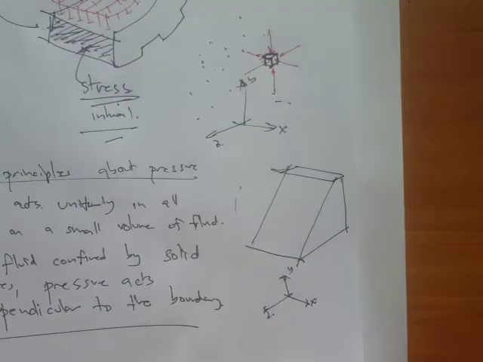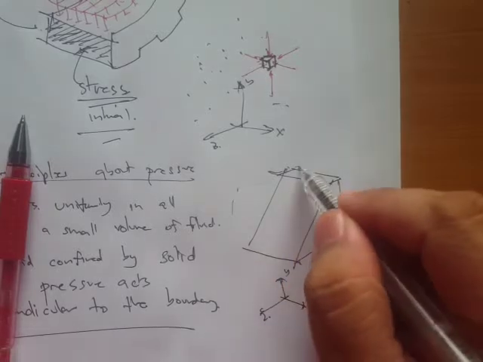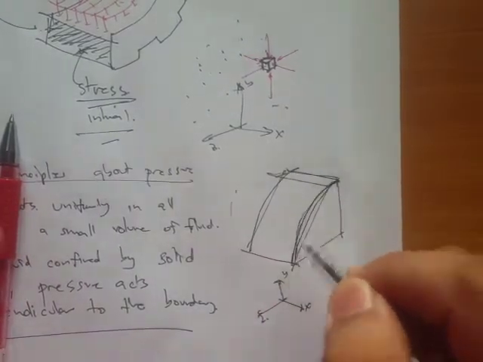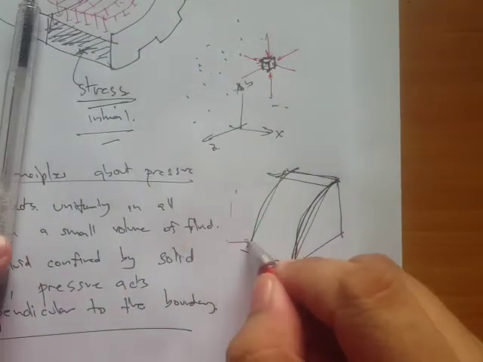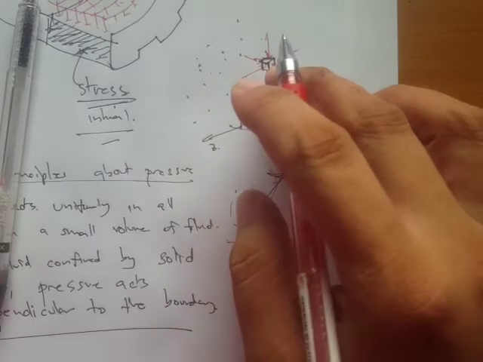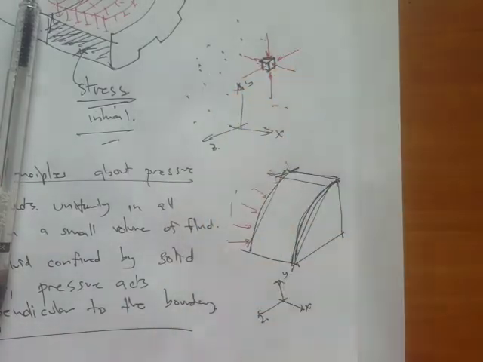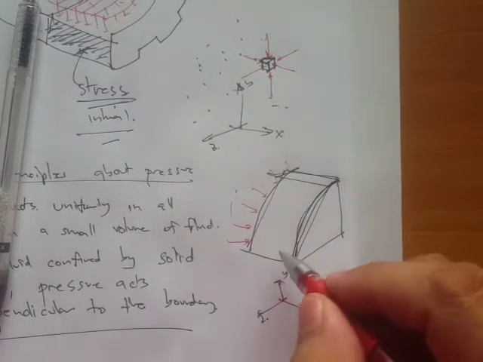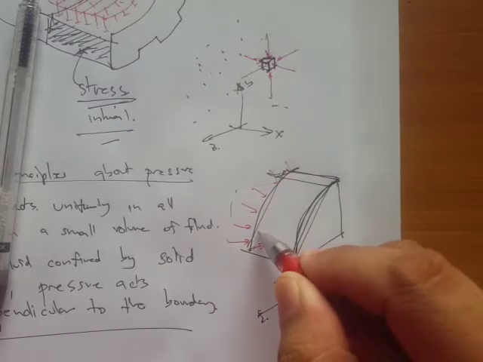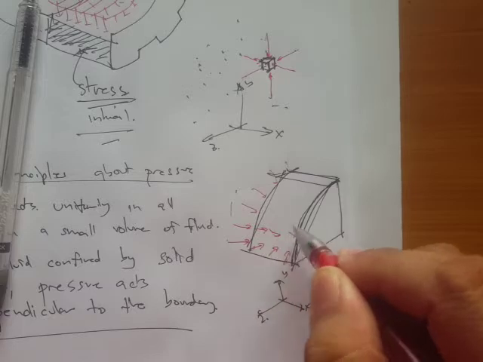Then if there's a solid surface, or let's just draw a curved surface here, the pressure is going to be perpendicular. Right, so this fluid will exert forces on this solid surface that are perpendicular, right?